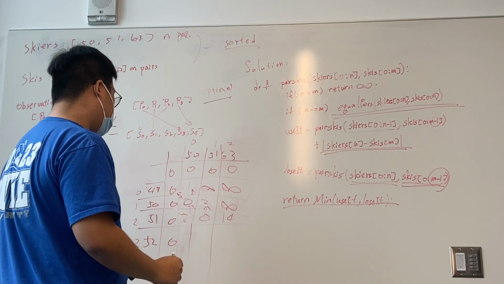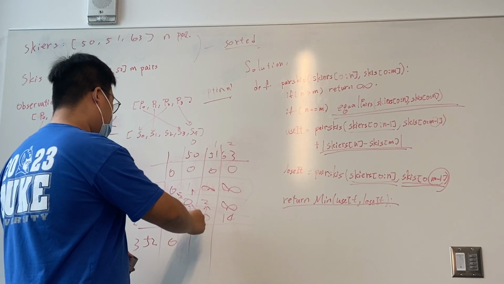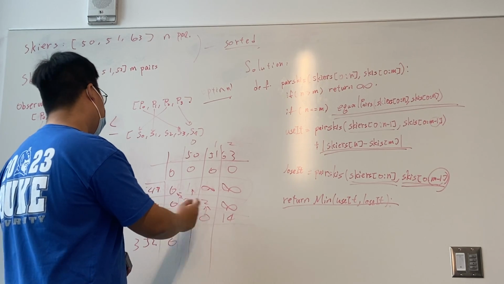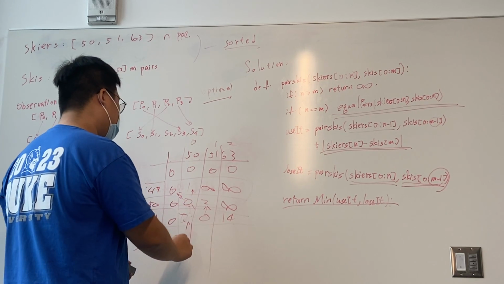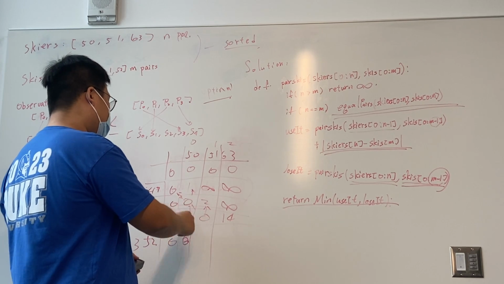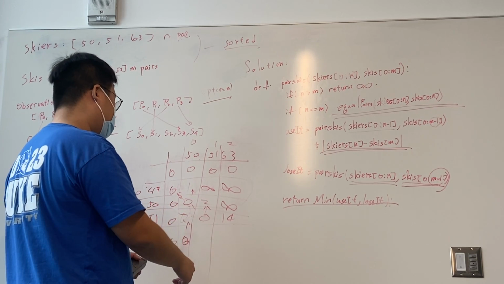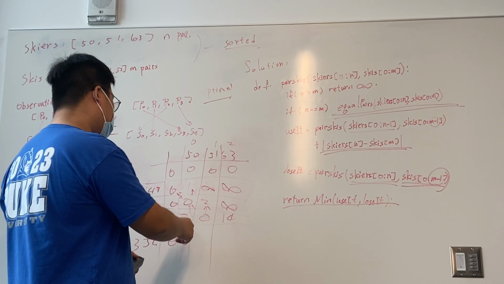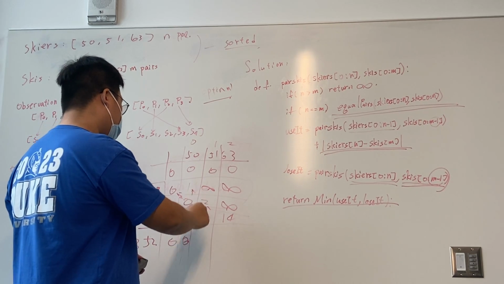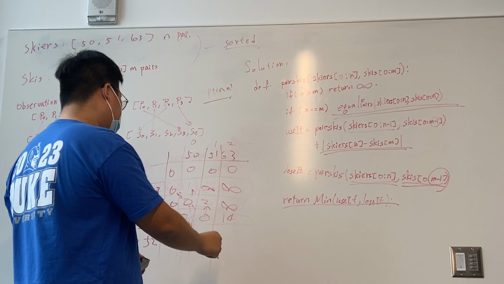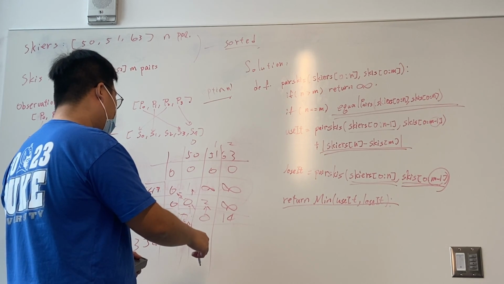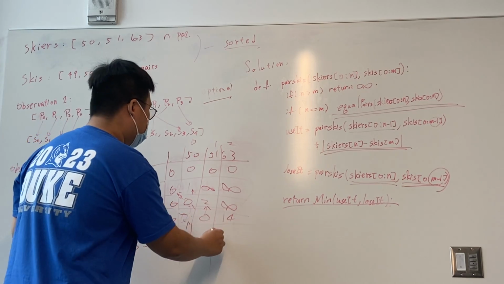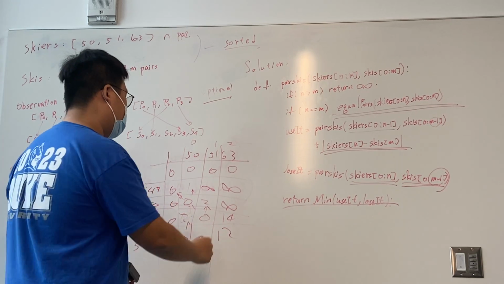Use it is 2, lose it is 0, so we get 0 here. Use it is 0, lose it is 1, so we get 0 here. And here, use it is 12, and lose it is 0, so I get 12. So yeah, we got our result here.